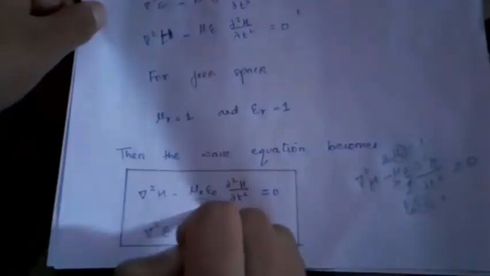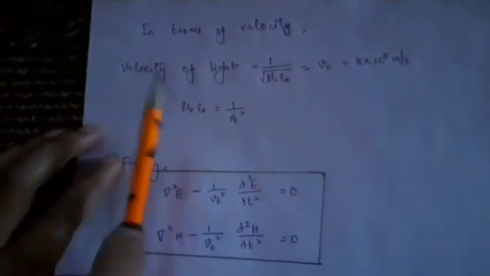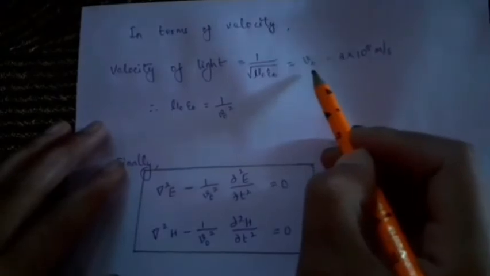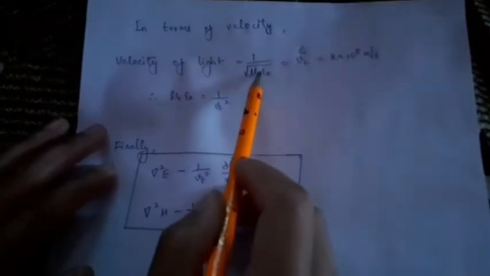Then this is the next simplified version. We can represent the same equation in terms of velocity of light. Velocity of light is small v naught, which can also be represented with c. Velocity of light is nothing but 1 by root of mu naught epsilon naught.